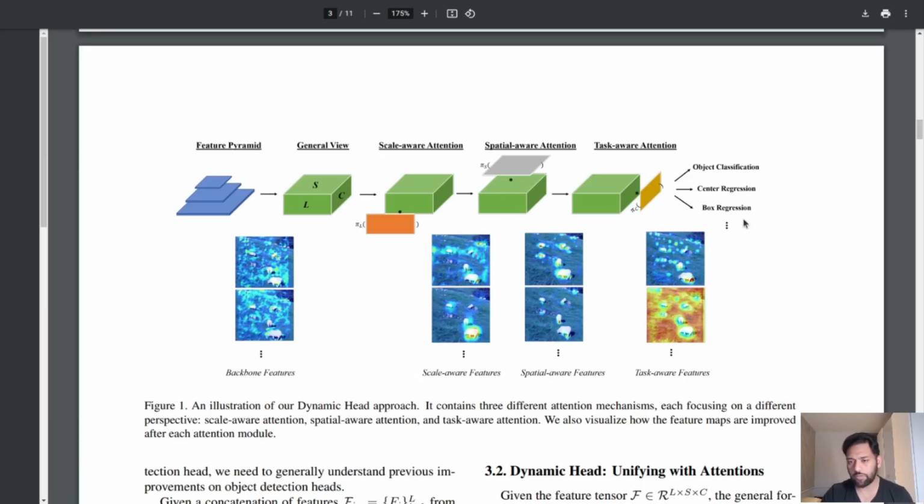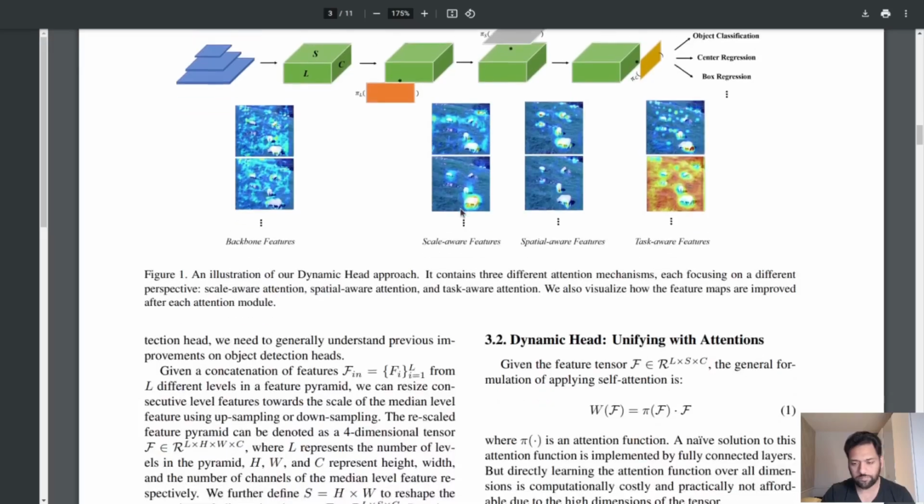But you have some kind of regression there. And the idea is that these branches learn different things, so that's why we have these different branches after the backbone. But in this paper, they say that they can combine all of them into one, known as dynamic head, which can capture details from all these different dimensions.